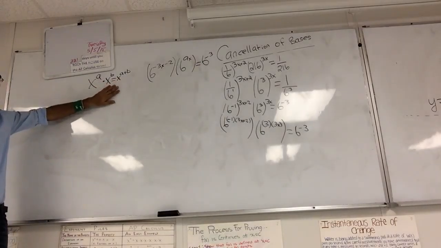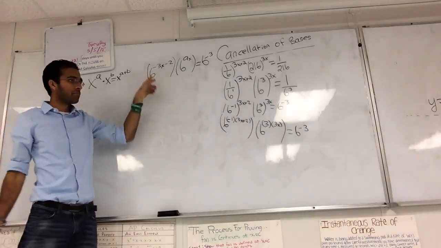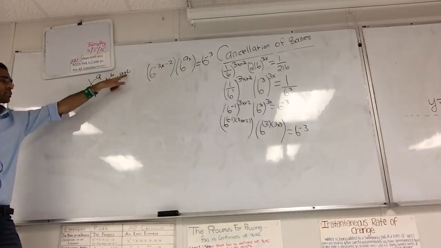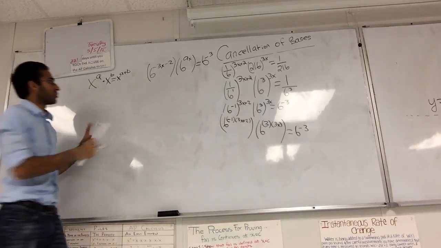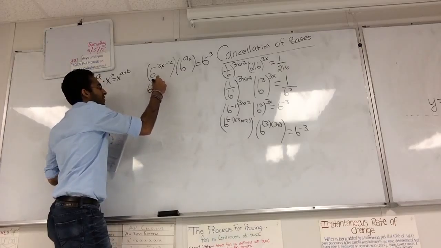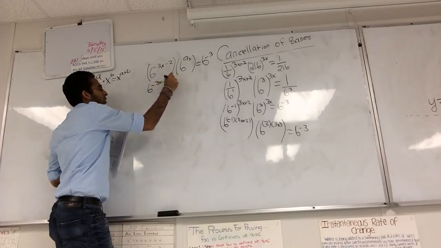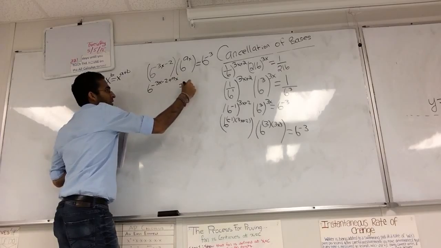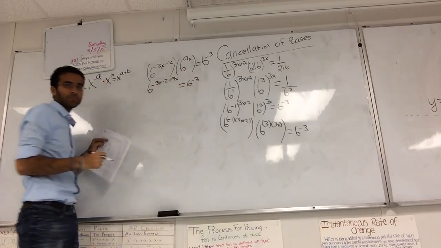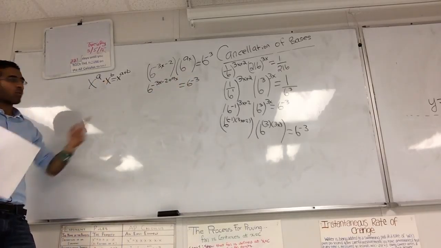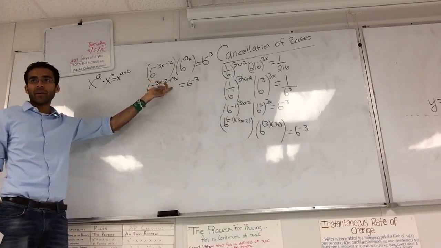Now I'm back to this property. Bases are the same. Add the exponents. So I'm going to go 6 to the negative 3x minus 2 plus 9x equals 6 to the minus 3. I want to simplify upstairs a little bit.